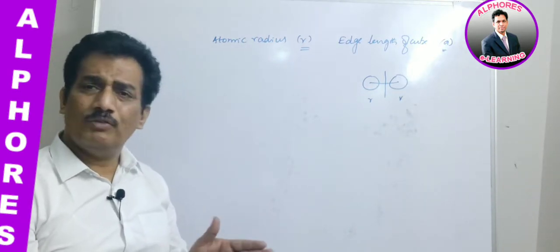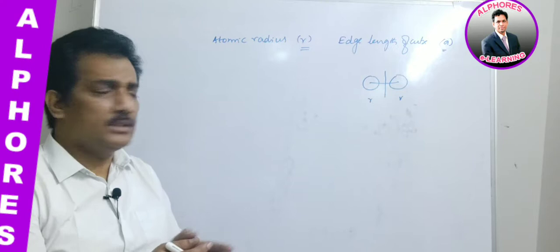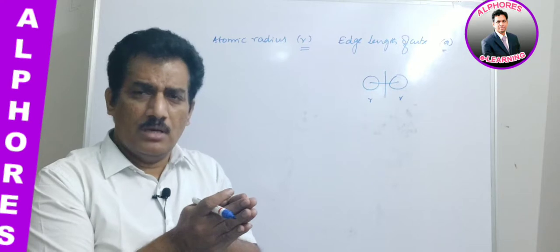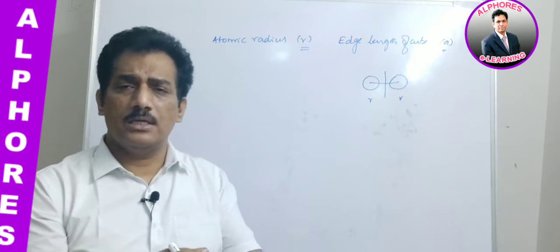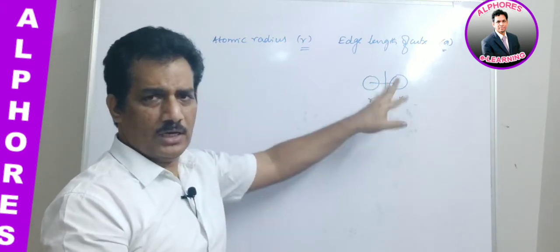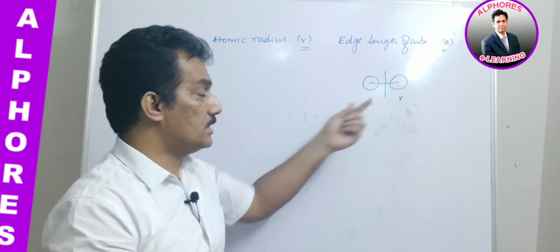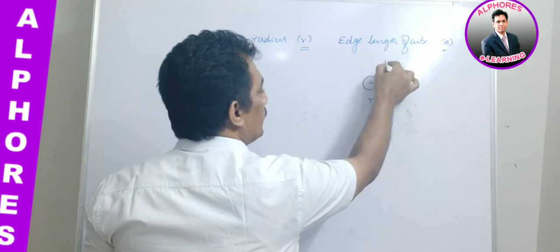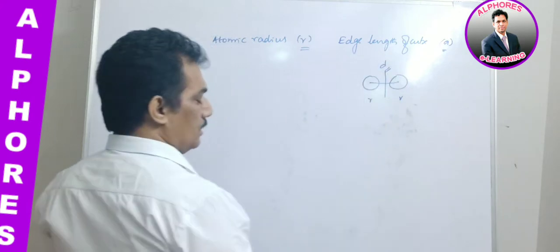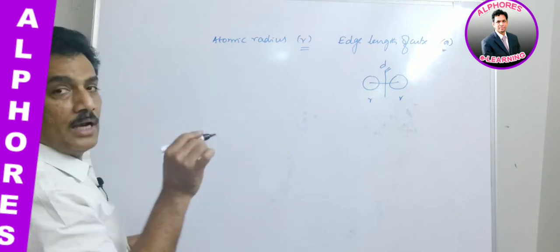Covalent radius, half of the distance between the two closely bonded atoms is nothing but covalent radius. Similarly here also, when the atoms are closely, these are the closest neighbors, half of the internuclear distance is taken as the atomic radius. And now in case if these two are present like this, then we can consider these two nearest neighbors and half of the distance is nothing but radius, and that half of the distance is D we are considering actually. What is that D now? It is nothing but the internuclear distance between nearest neighbor.